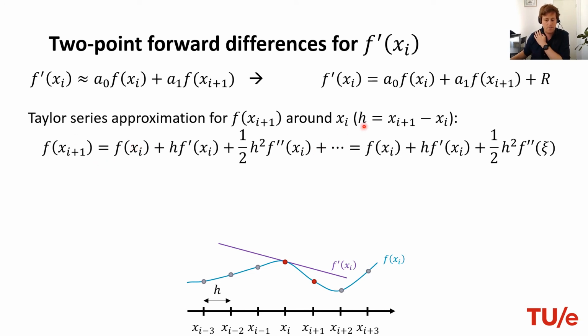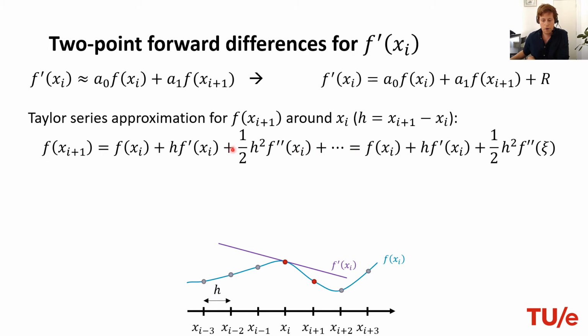I just use the shorthand notation that h is equal to the difference in x. So h is, let's say, the spacing between the points in x. And we see that we have an infinite amount of terms over here. A 0th order term, so there is no derivative in here. A 1st order term, there is a derivative and h to the 1st power, a 2nd order term, etc. An infinite amount of terms.